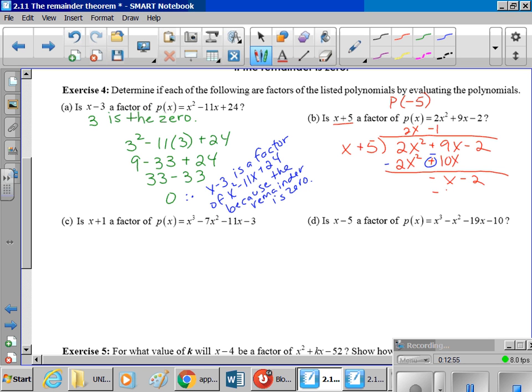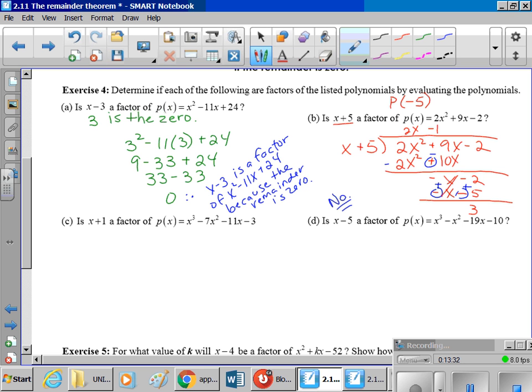Negative x, not minus 5. That's minus 5. Plus. Minus 5. So now we change the sign. Plus, plus. These cancel, of course, and we get positive 3. So this one, the answer is no. And again, you'd say x plus 5 is not a factor because the remainder is 3.